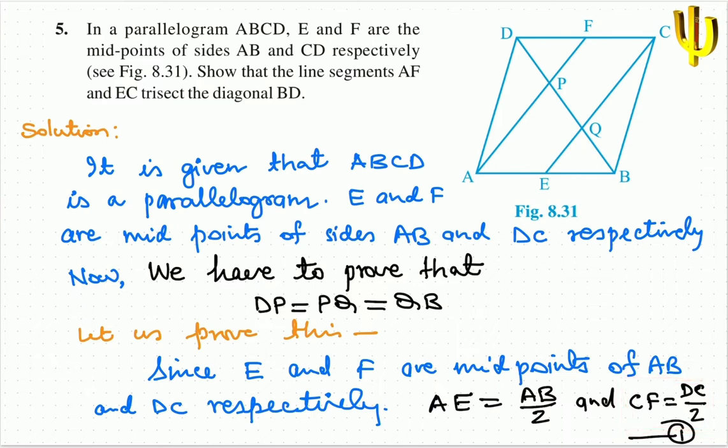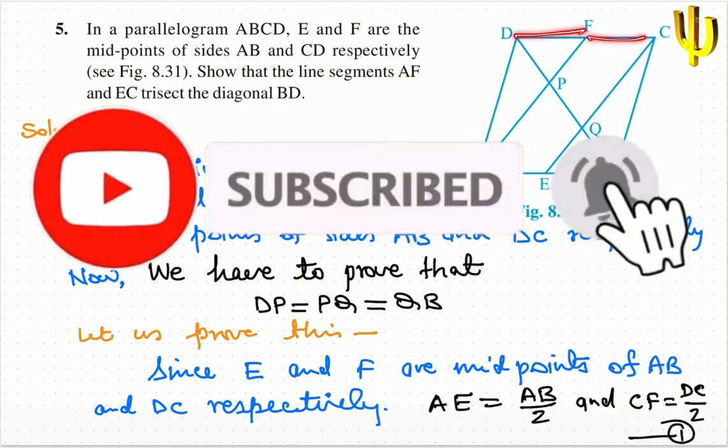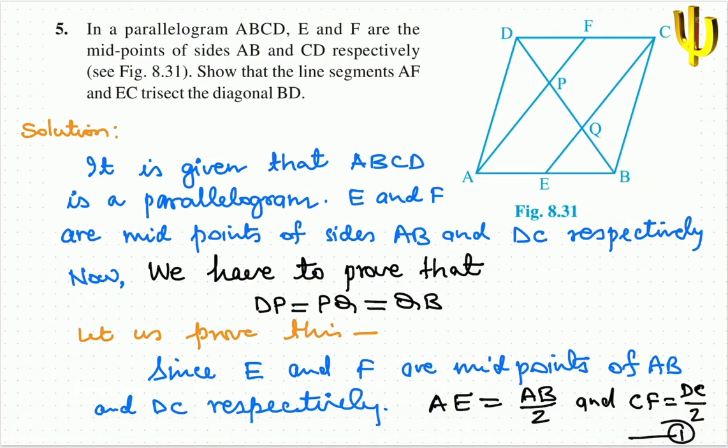Since E is the midpoint of AB, AE and EB both will be equal to AB by 2. Similarly, since F is the midpoint of DC, DF and FC are equal, and therefore DF and FC equal DC by 2.